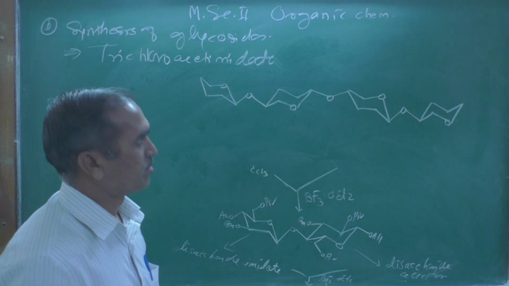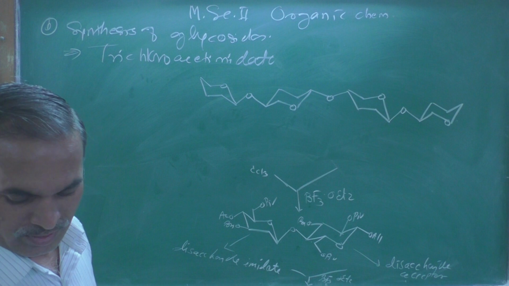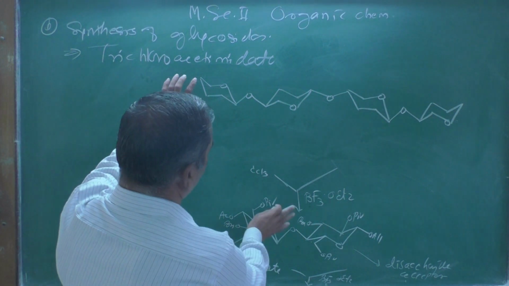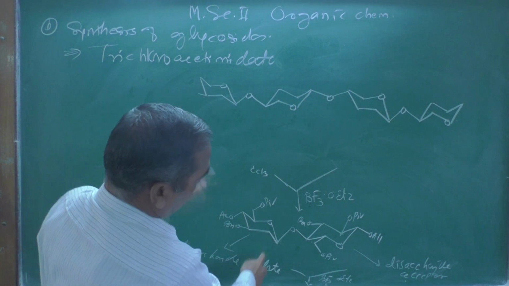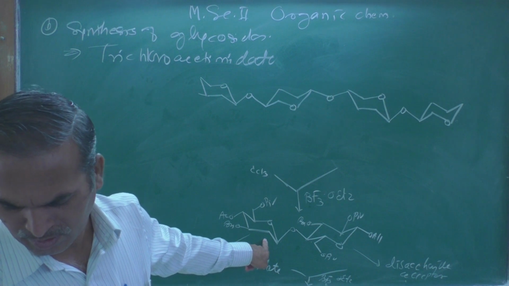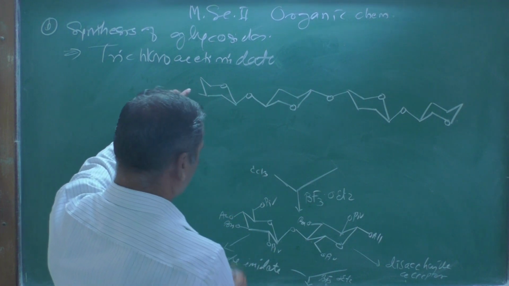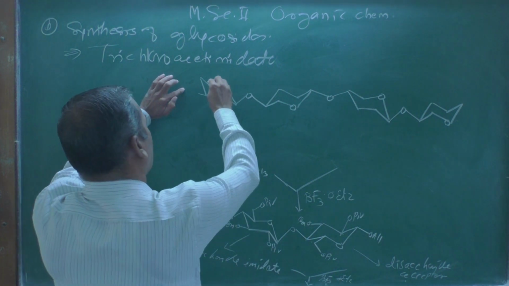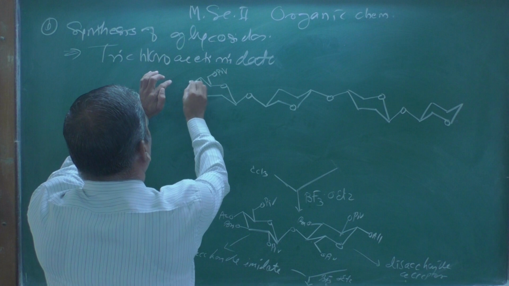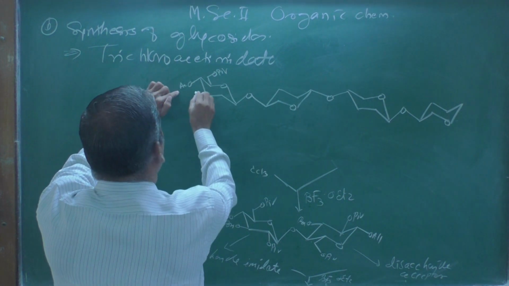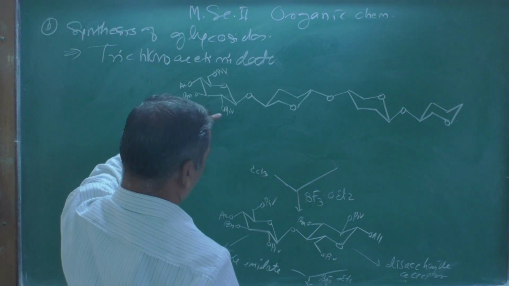These two structures are combined together. This part, as we know, remains as it is, and at this position there is OPiv, which remains as OPiv. So this molecule we can write as it is: OPiv, then OAc, the acetyl group, here O-benzyl, and here OPiv, which remains as it is.